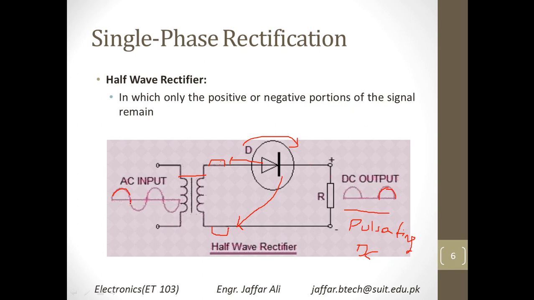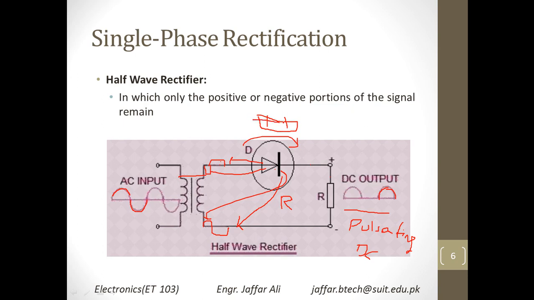After that, when the negative signal comes on this side, there will be positive on the other side, and the circuit becomes reverse bias, because the P type is connected to the negative and the N type is connected to the positive. The width of the depletion region increases in reverse bias.